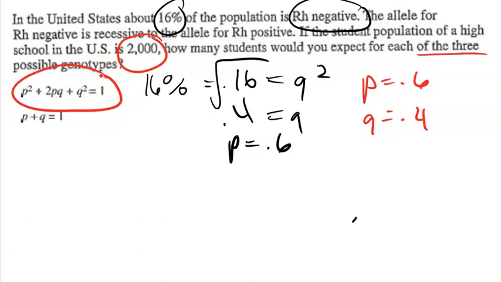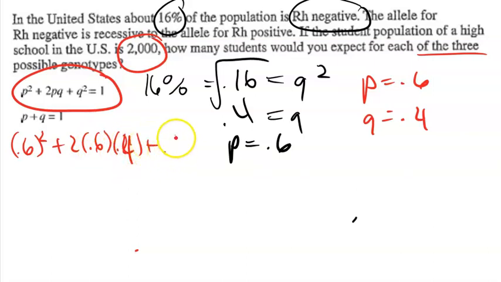When we do that, we get 0.6 squared plus 2 times 0.6 times 0.4 plus 0.4 squared. Again, this is going to give you the genotypic frequencies. In order to figure out the individuals, you'd have to multiply it by the entire population. But when we do this, we get 0.36 here plus 0.48 plus 0.16.